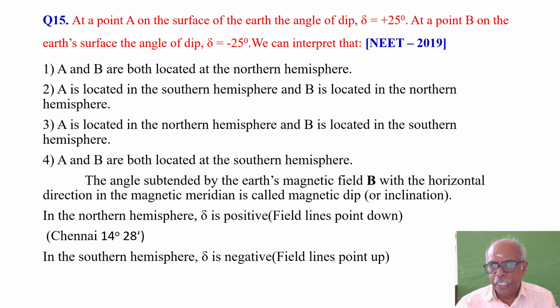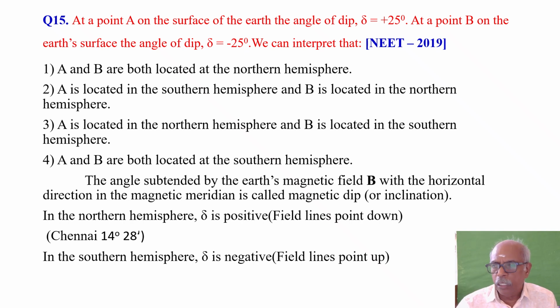Option B: A is located in the southern hemisphere and B is in the northern hemisphere. Option C, reverse: A is located in the northern hemisphere and B is in the southern hemisphere. And option 4: both A and B are located in the southern hemisphere.